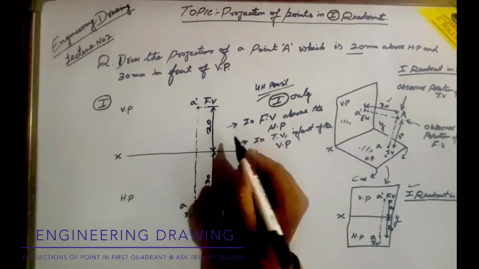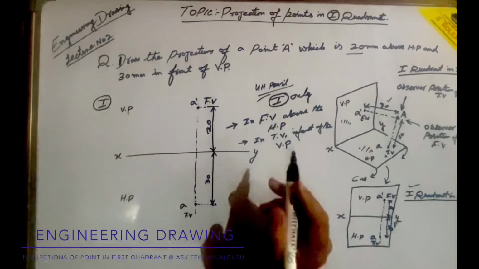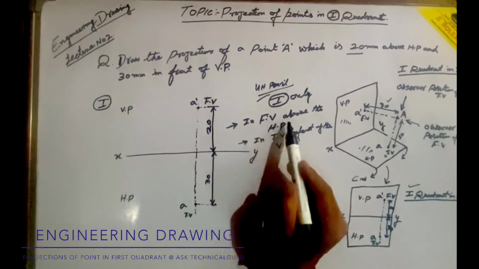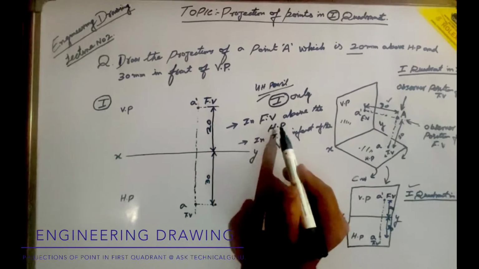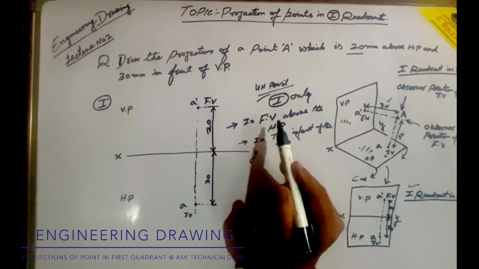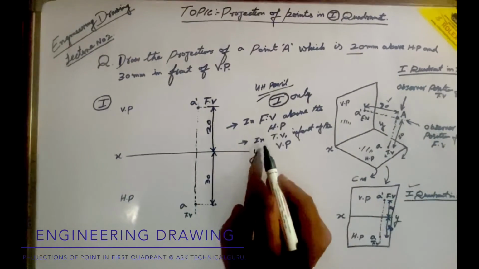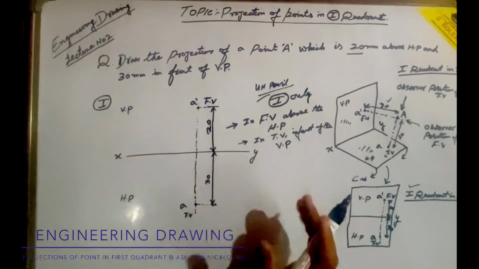That is almost the same, but a slight change is there. Means in case of front view we are able to see the distance of the point or the plane or the line or any object which is above the horizontal plane in case of first quadrant, and in case of vertical plane in top view we are able to see in front of.